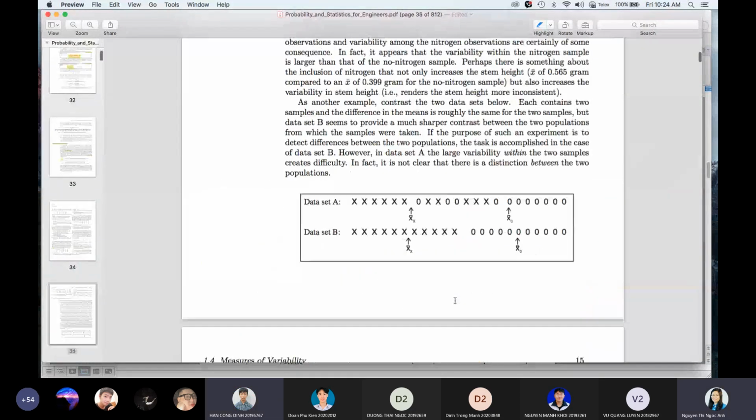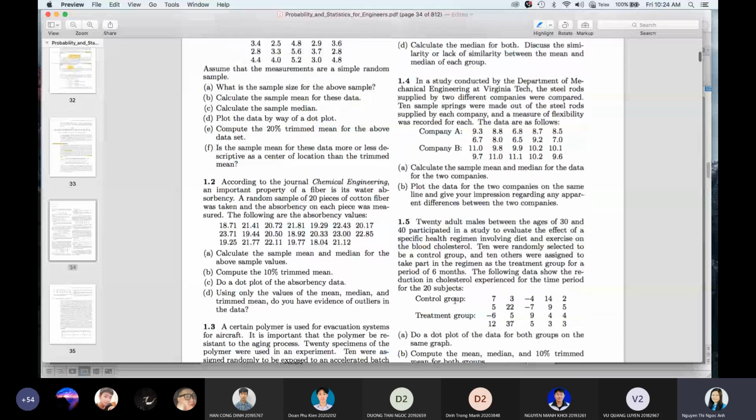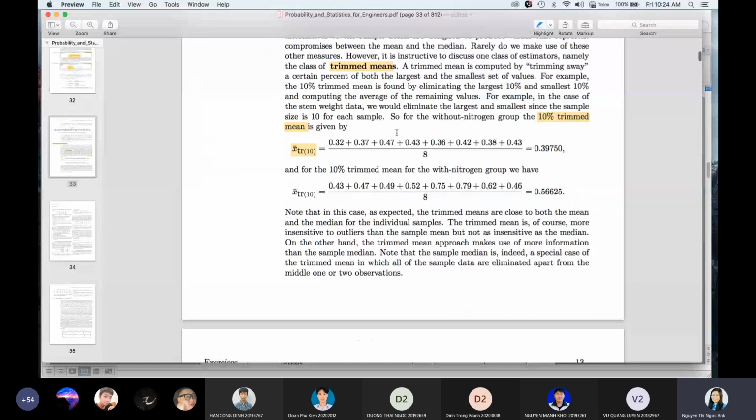Trim 10%. We remove 10% here, eliminating the largest 10% and smallest 10%. And then we find the median. That's all, and we have the value here. It's similar.